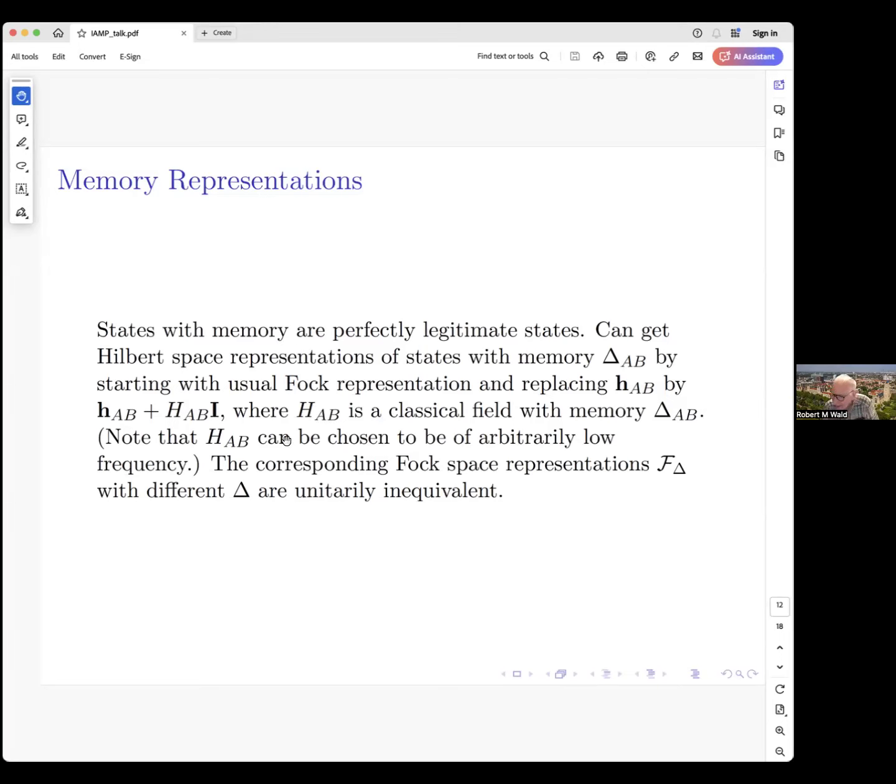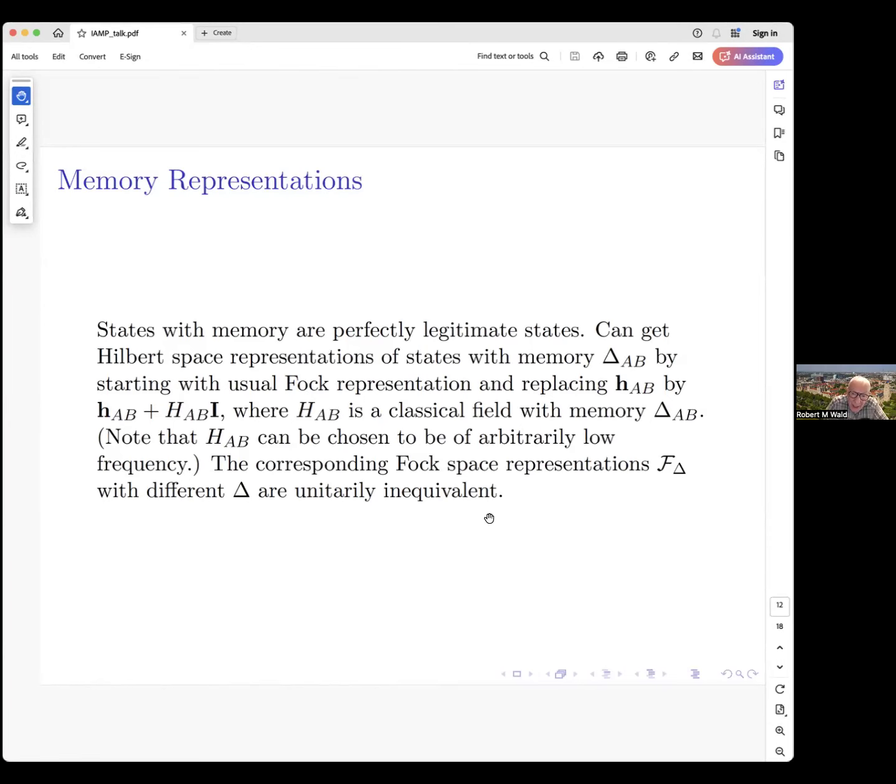But if you did this with a solution with memory, then that gives you a new representation of the quantum field algebra, where now all of the states in the GNS representation, we're really starting with the usual Fock representation and redefining the field algebra in the way I'm formulating it here, all of the states now in this new representation will have memory Δ_AB.